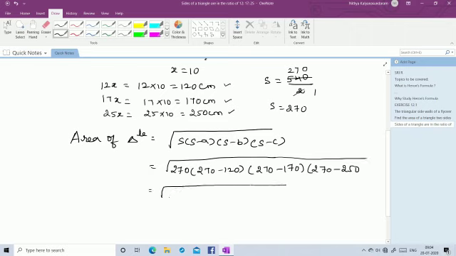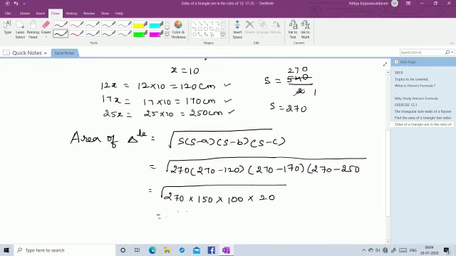So 270 into, 270 minus 120 is 150, then 270 minus 170 is 100, then 270 minus 250 is 20.